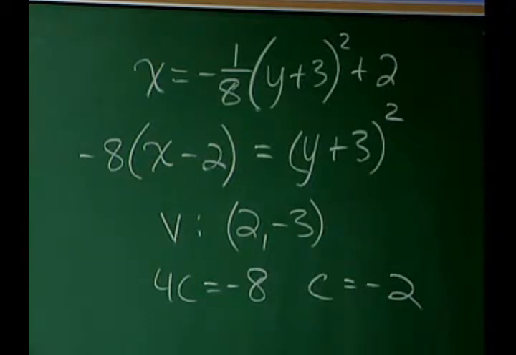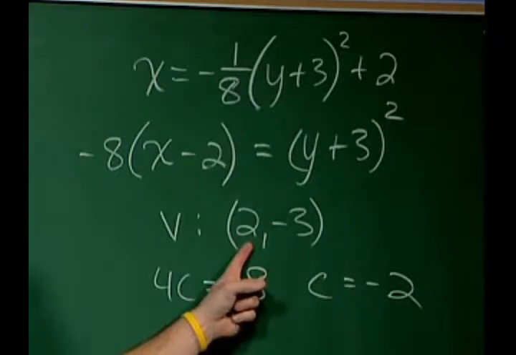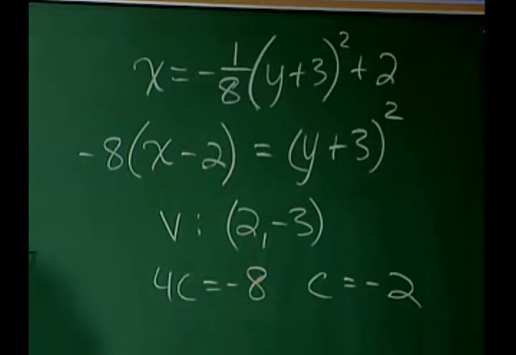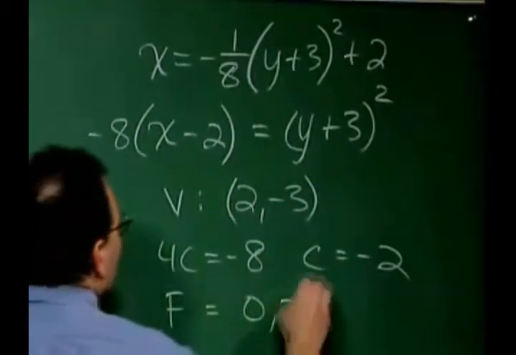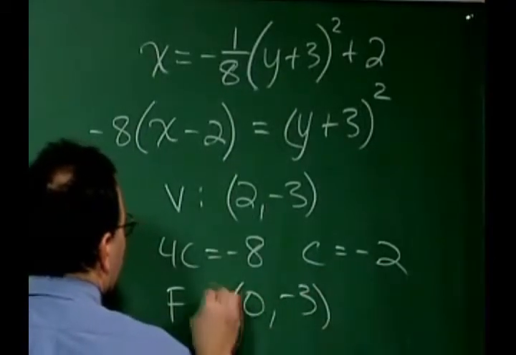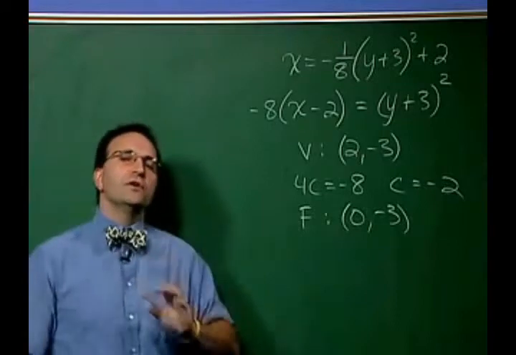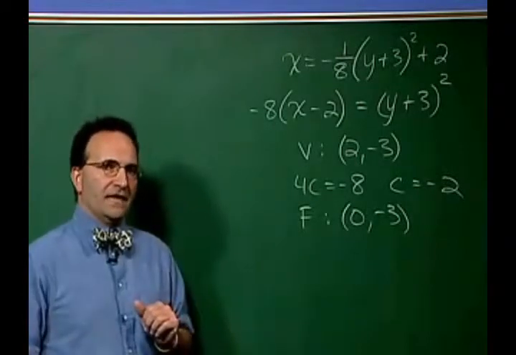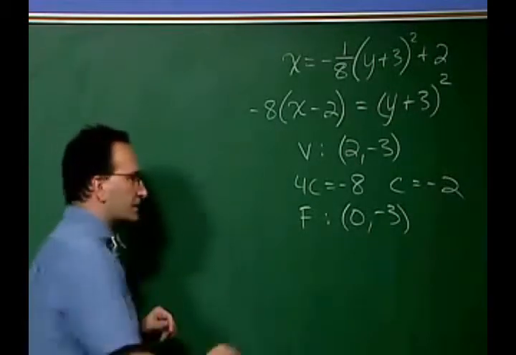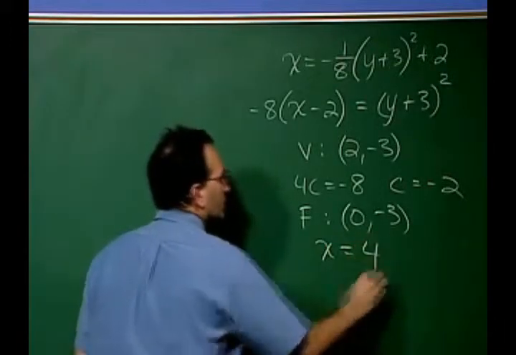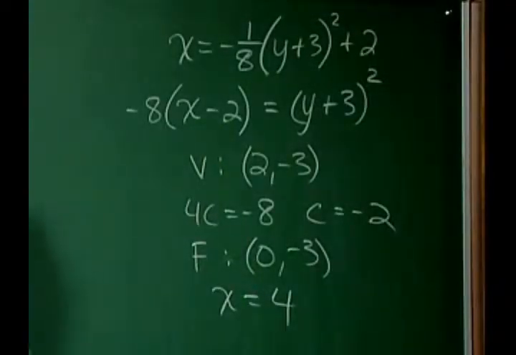The focus is 2 units to the left of the vertex, which means that the focus is (0, −3). The directrix is going to be 2 units to the right of the vertex, so that means the directrix is x = 4. Now we can graph this.